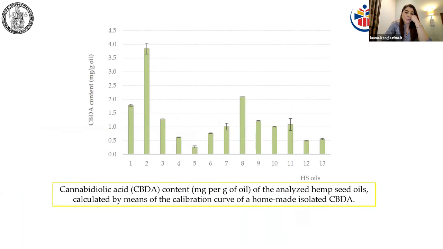In the same study, we evaluated the content of CBDA in the hemp seed oil. If we remember, in the regulation there is a limit for the content of THC in this oil, but there isn't a regulation for cannabidiol in the same sample.